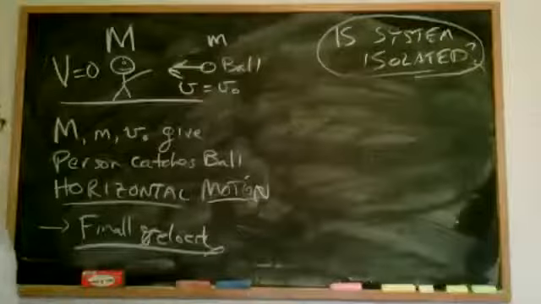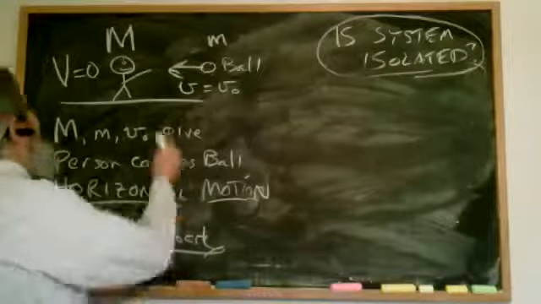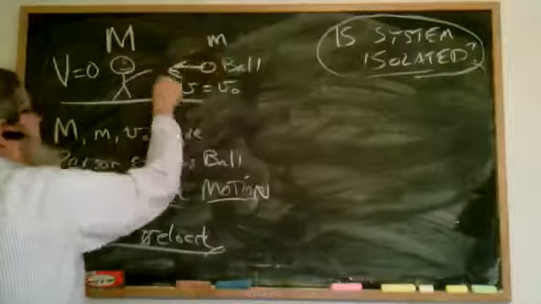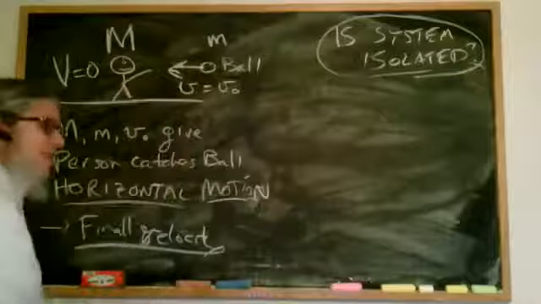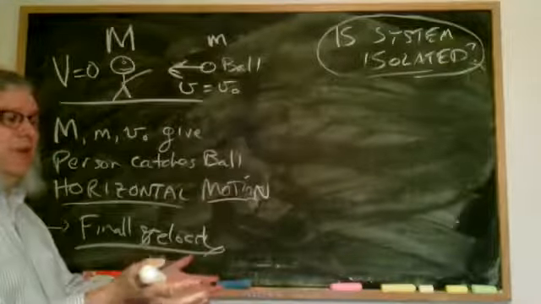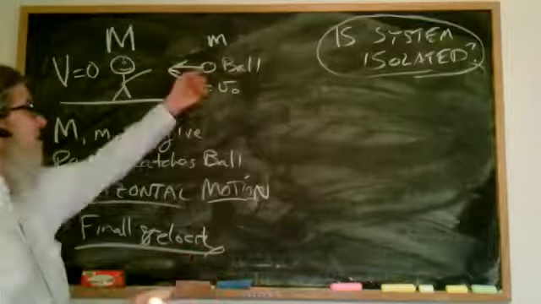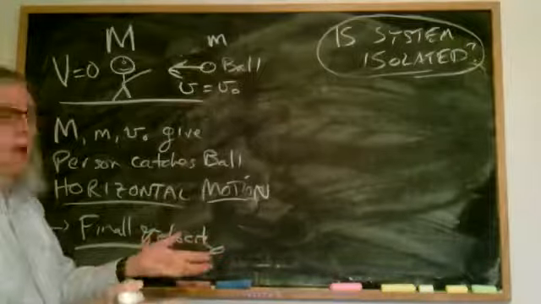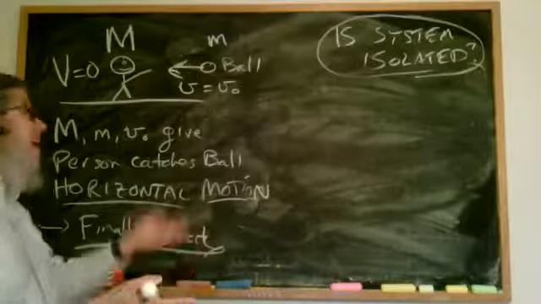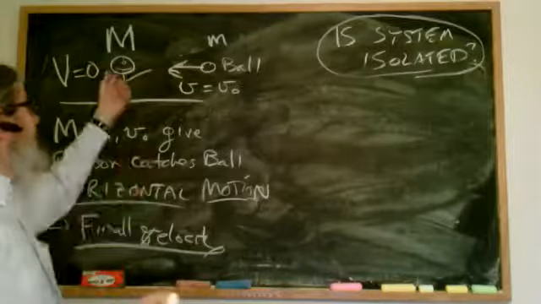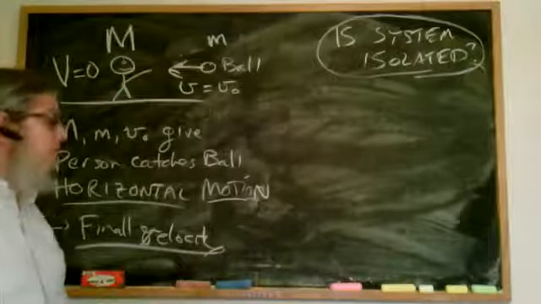You might say, yeah, it's isolated because we're going to ignore the vertical forces and only consider the horizontal forces. When I'm just standing here, by definition, there's no horizontal force on me before I catch the ball. And if the ball is moving at constant speed, there's no horizontal force on the ball. It's already been thrown. So you might say this is an isolated system because at this instant before I catch the ball, there are no horizontal forces on me.